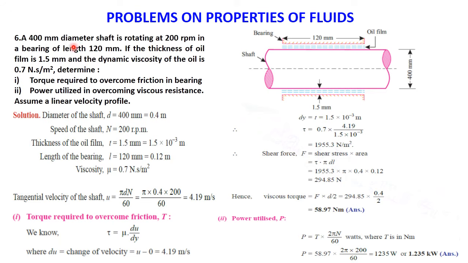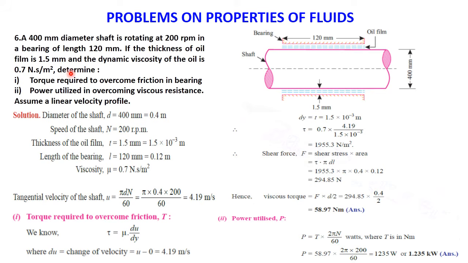A question is given to us for the diameter of a shaft, with fluid over a rotating shaft. A 400 mm diameter shaft is rotating at 200 rpm in a bearing of length 120 mm.